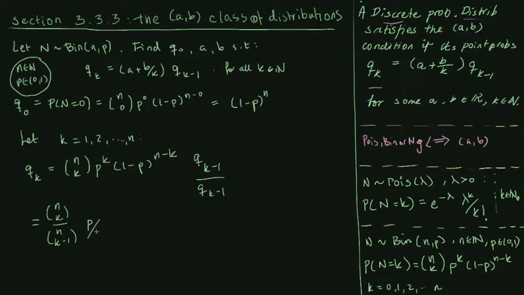So that gives me divided by 1 minus p. If these calculations go a bit too fast, you can try to do them yourself on a piece of paper. Okay, and then I have qk minus 1.